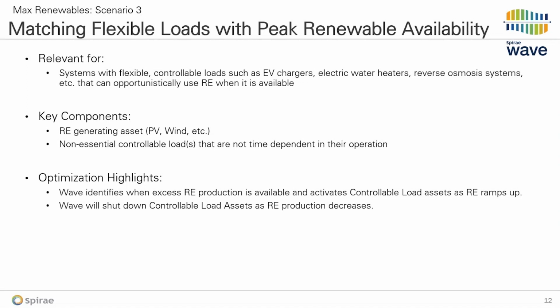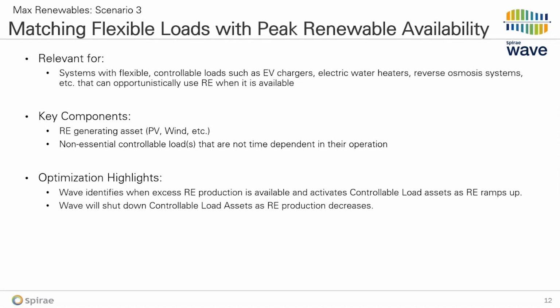So we can leverage these as part of our control system to take advantage of periods of time where we do have excess generation available from our renewable assets. And instead of curtailing, we can turn these loads on and make best use of that available energy.